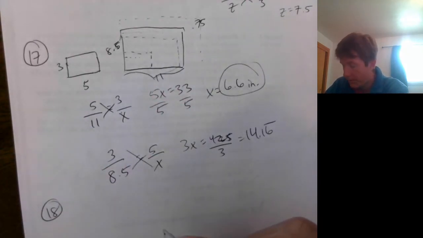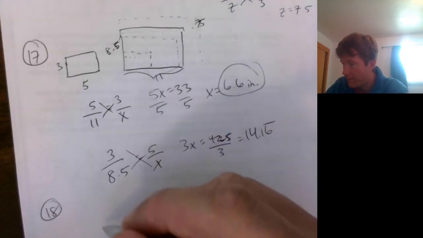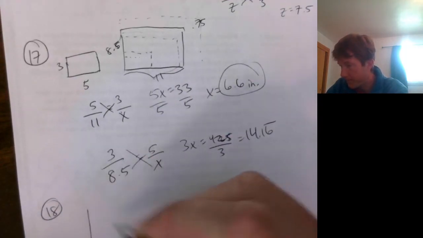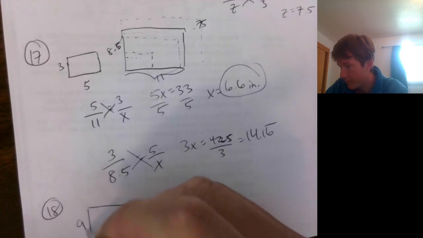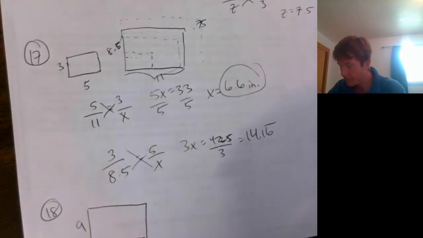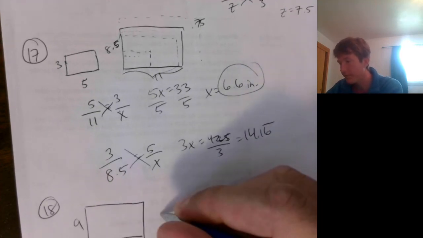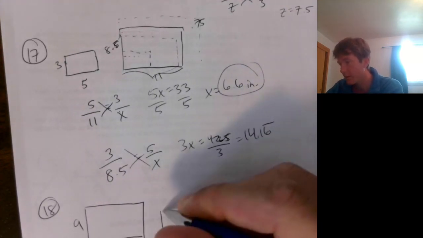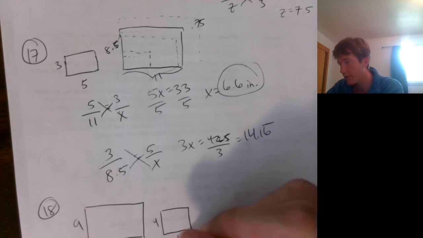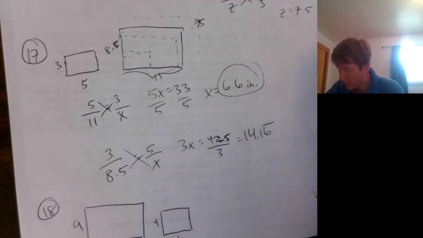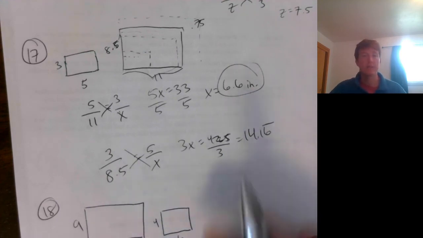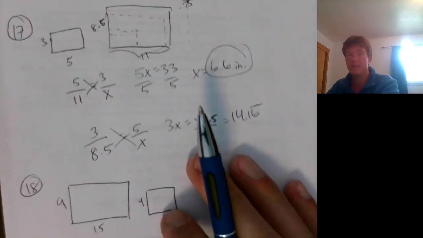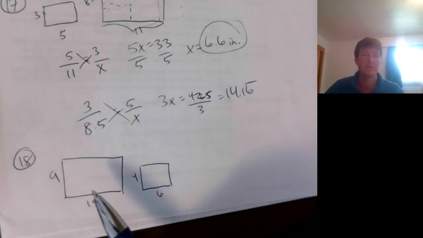A map has dimensions 9 by 15. You want to reduce the map so it will fit on a 4 by 6 index card. What are the dimensions of the largest possible complete map you can fit on the index card? So this map here has 9 by 15 dimensions.